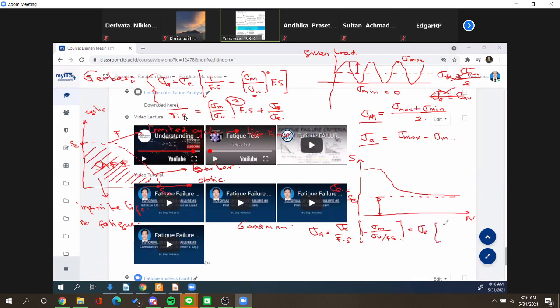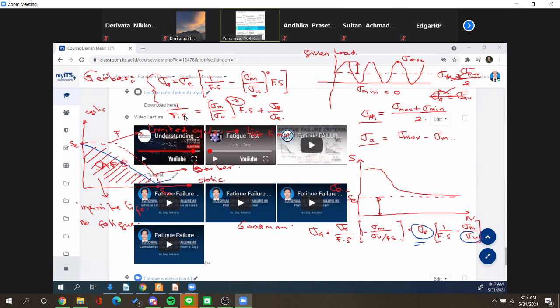So it will be a linear equation. Because Goodman has a linear equation which relates the endurance strength with the ultimate strength of the material, we just take a linear line from the endurance to the ultimate strength of the material.